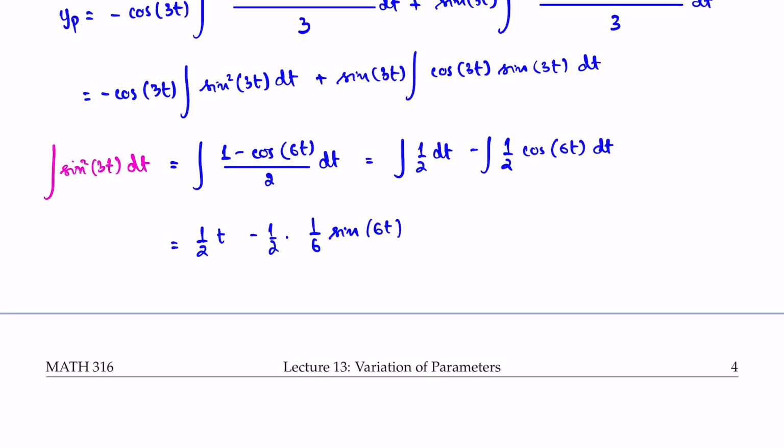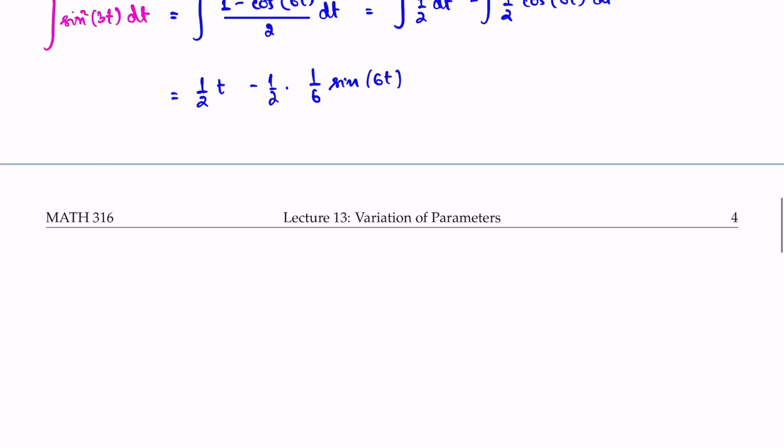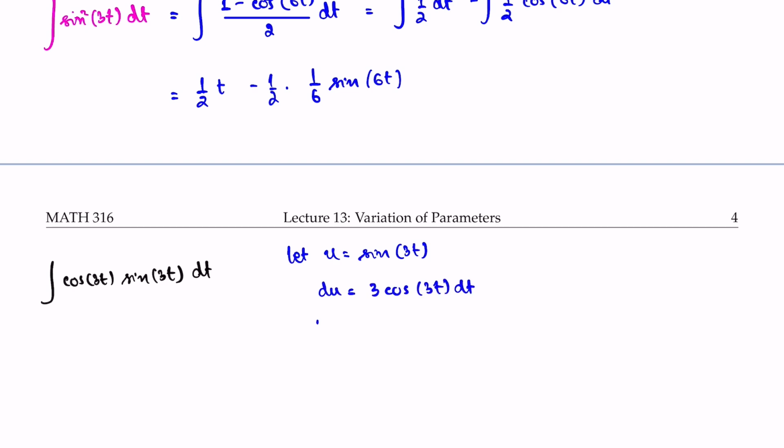The second integral that we need to take care of is the integral of cosine of 3t times sine of 3t dt. Again, there's no straightforward formula to find the antiderivative, but you can use integration by substitution, letting u equal sine of 3t, so du equals 3 times cosine of 3t dt, or 1/3 du equals cosine of 3t dt.